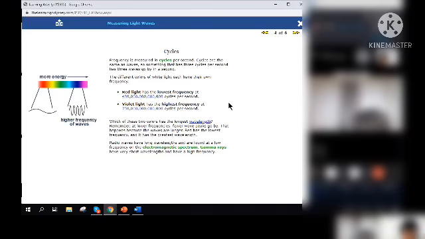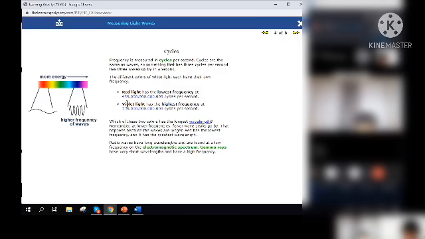That's all right. So we have million, billion, trillion. So this is about 430 trillion cycles per second. That's a lot of wavelengths in 1 second.